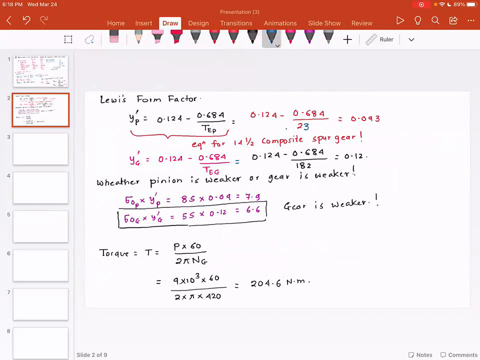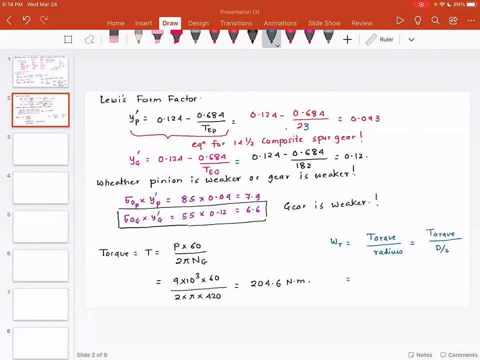So from this torque, I'm going to find out the tangential load, which is Wt. Wt is equal to torque divided by the radius, or torque divided by diameter by 2.